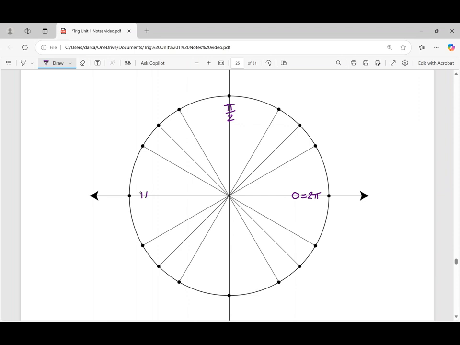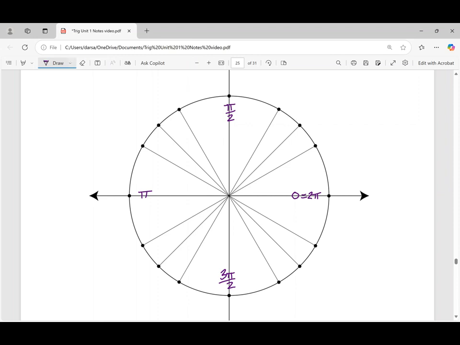So if we go a full 180 degrees, let's remember that's pi radians. And if we go all the way down to the bottom, how many pi over 2 pieces have we used? Well, 3 pi over 2 is the angle going straight down for 270 degrees. It's 3 pi over 2 radians.